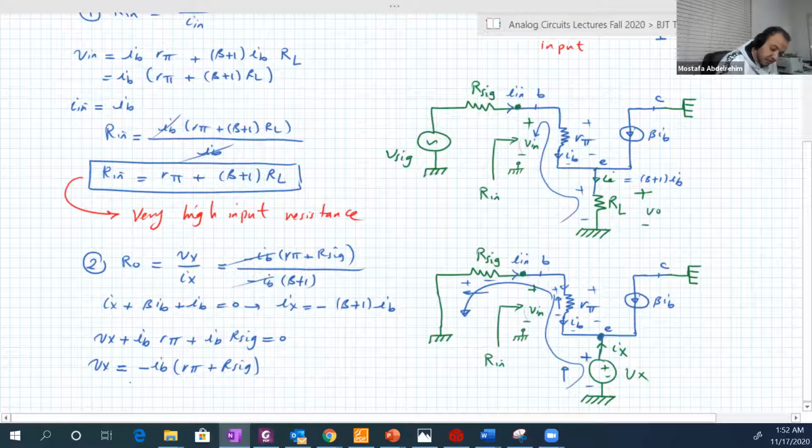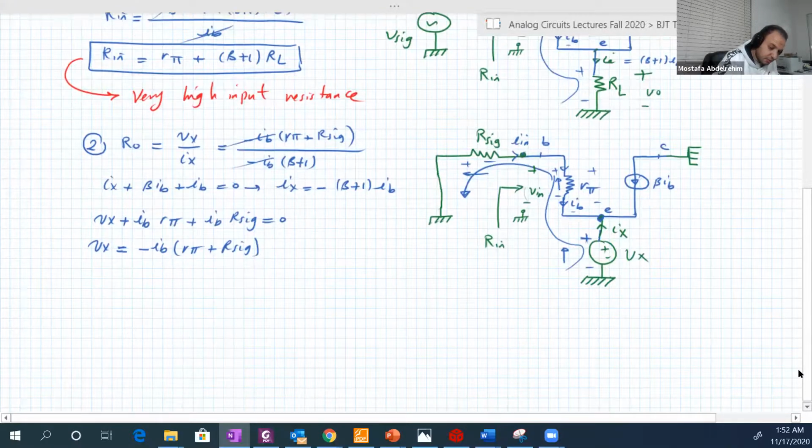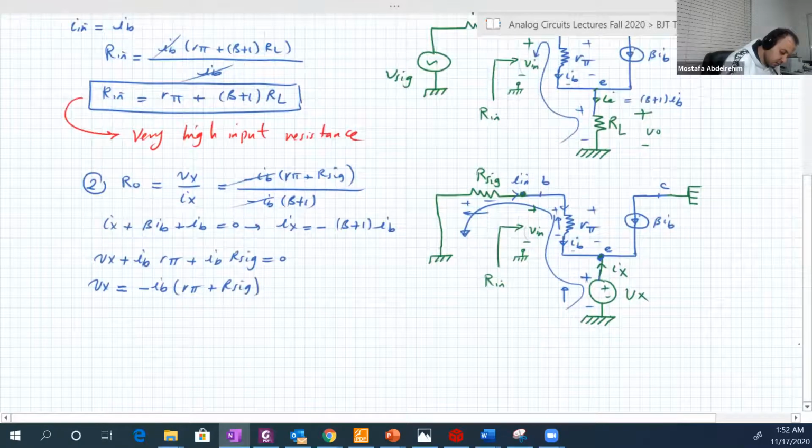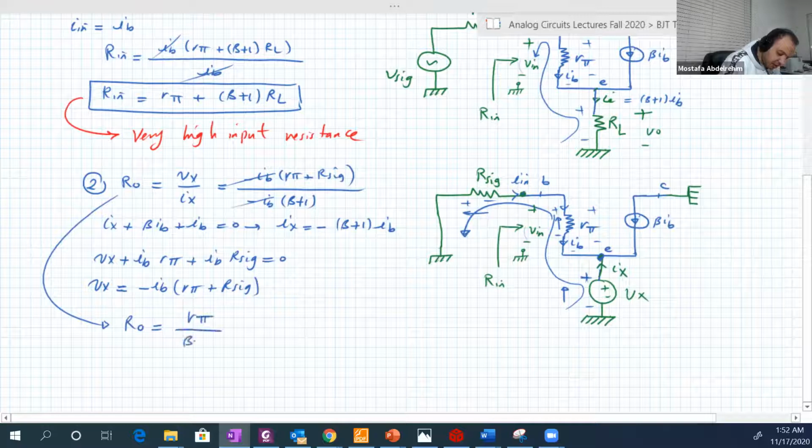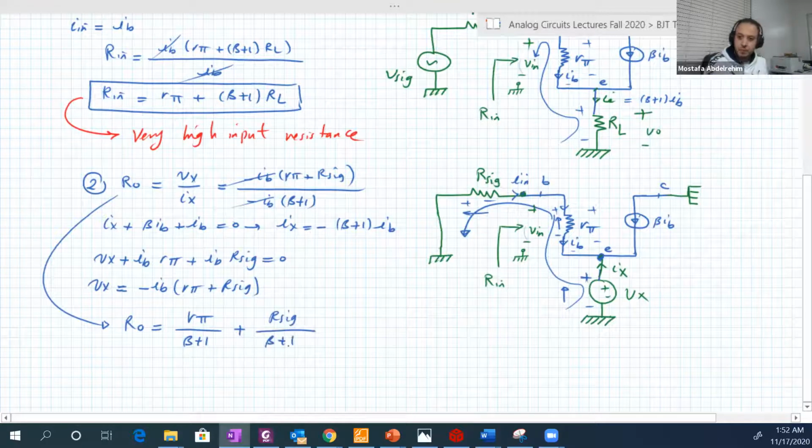So we end up with RO equal to R pi over (beta plus 1) plus R signal over (beta plus 1). Okay, good. Or we can just leave it like this.